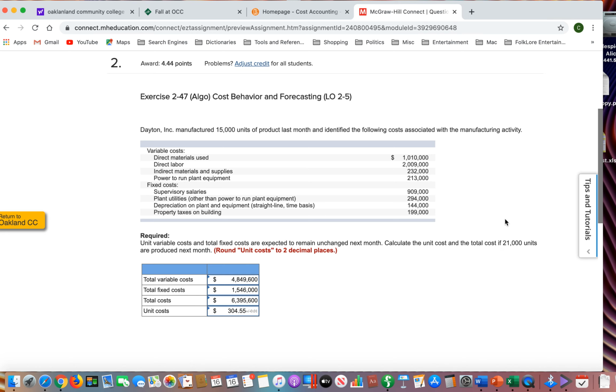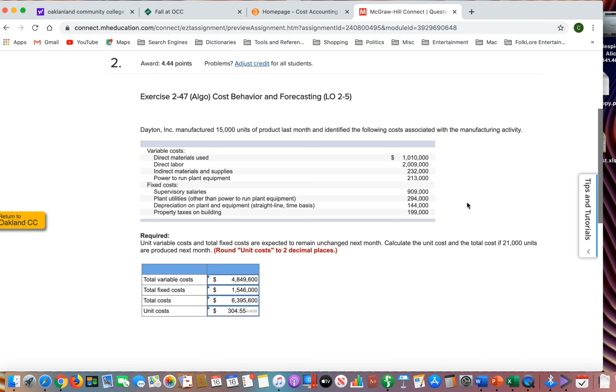That's a 40% increase. How do you get 40%? There are two ways to do this. The way I have taught it is EV minus BV divided by BV. EV is the ending value, BV is the beginning value, and you divide again by the beginning value. So the ending value is 21,000 units minus the beginning units of 15,000. That gives you a difference of 6,000.